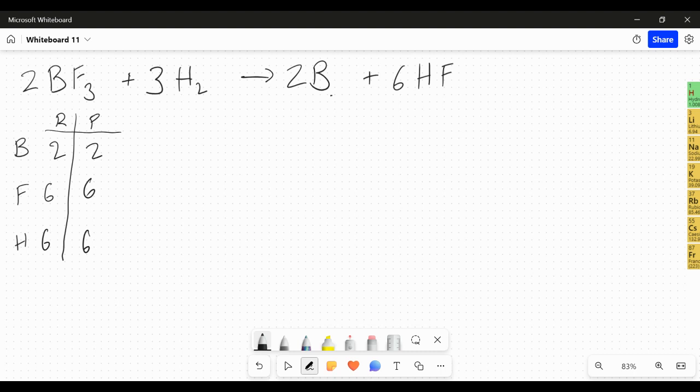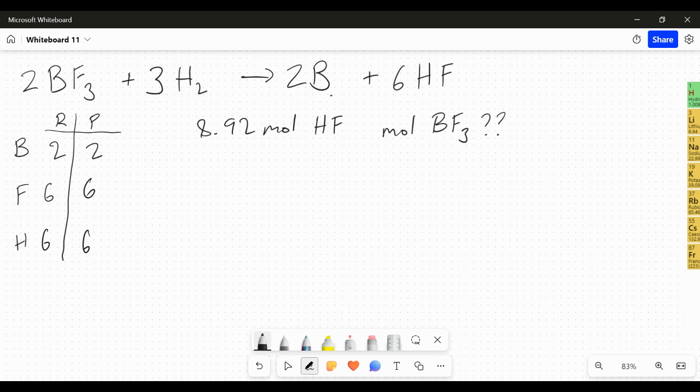And let's say we have 8.92 moles of HF, and we're trying to find the amount of moles of BF3 that were used. Okay, so mole ratio works no matter what side it's on. You can compare two substances on the same side, or you can compare substances on opposite sides of the arrow.